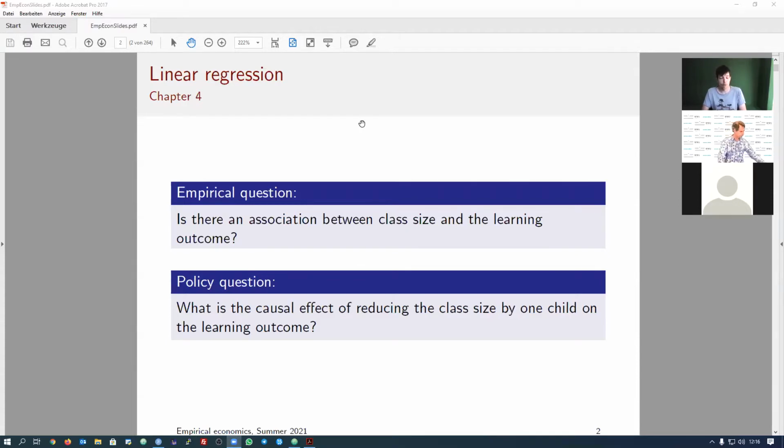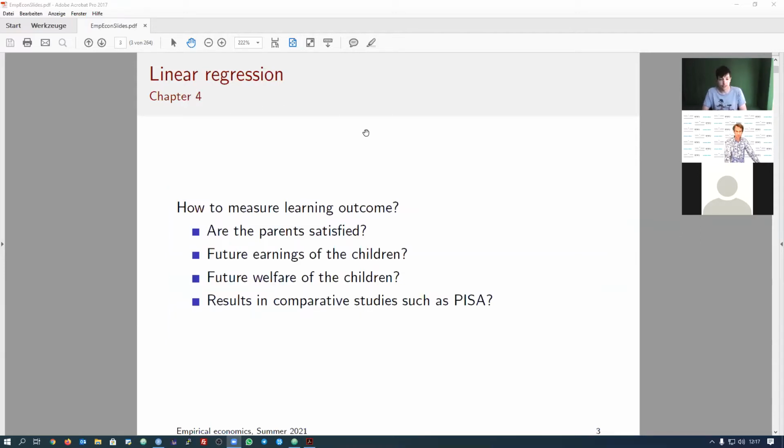Now one question that obviously arises is what exactly the learning outcome is. That might be hard to measure or even difficult to define in the first place. So how would we measure a learning outcome? I think there are many dimensions to it.